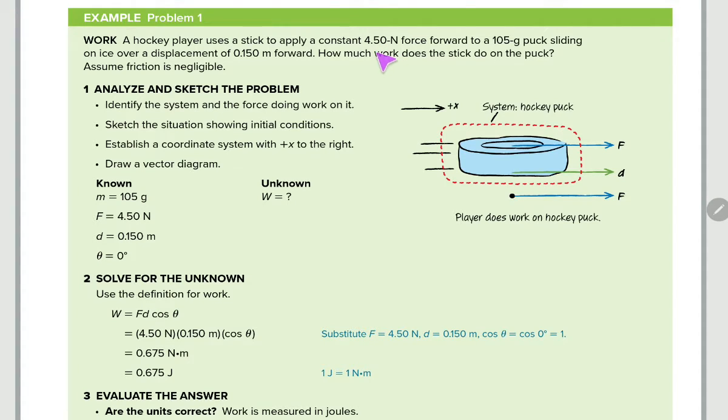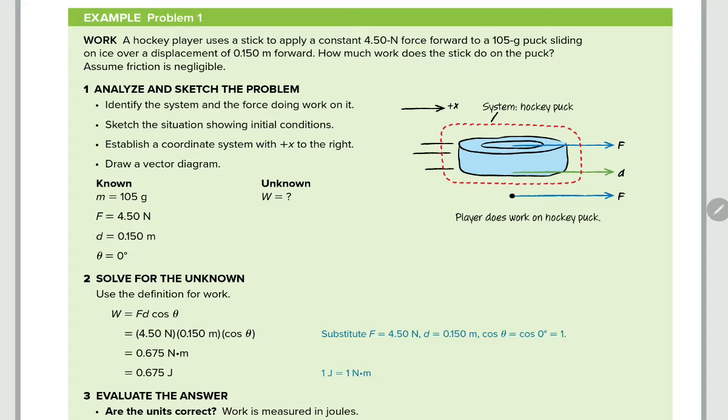We have 4.50, which represents the force, because the unit is Newton. So the force is equal to 4.50 Newton. Also we have 105 gram, this is the mass, m equal to 105 gram, and the displacement, which is equal to 0.150 meter forward.